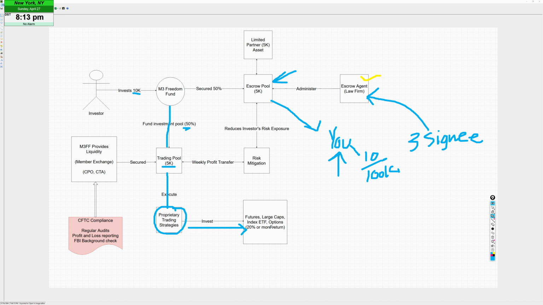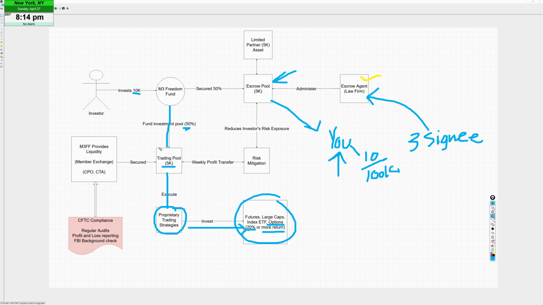Very lower risk type investing, and index funds, and we will be using options as well. In this investment, we are expecting to return 20% or more back to you as an investor. That is how we are making money to return back to you.